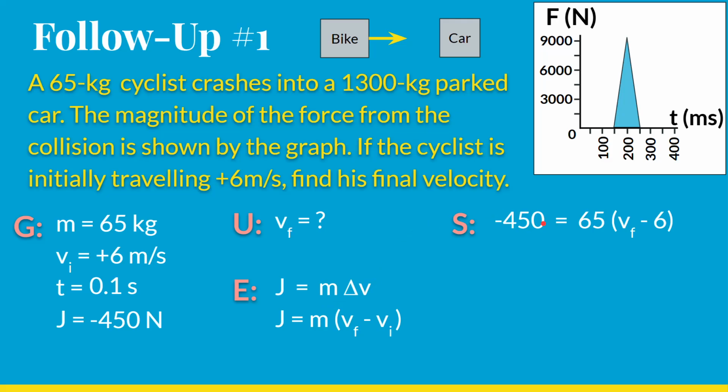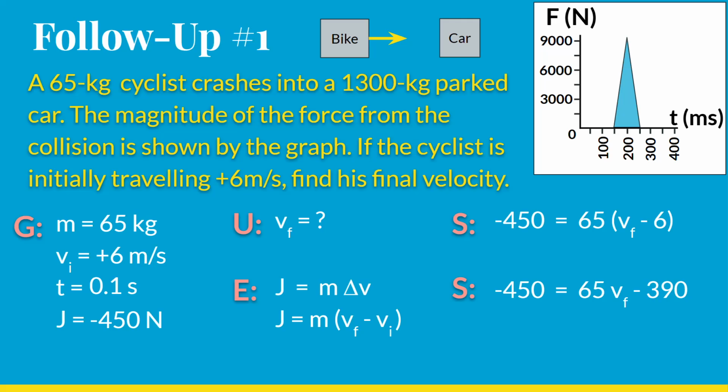Okay, so I have negative 450 equals 65 times VF minus 6. You've got options here in terms of how you want to approach this algebraically. You can distribute that 65 into the parentheses if you want. That's what I did. Or if you want, you could just divide right now both sides by 65. But I went ahead and distributed it to get this. Negative 450 equals 65 times VF minus, and then 65 times 6 was 390.